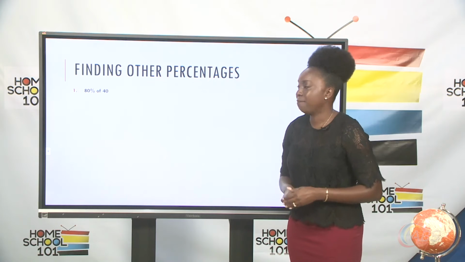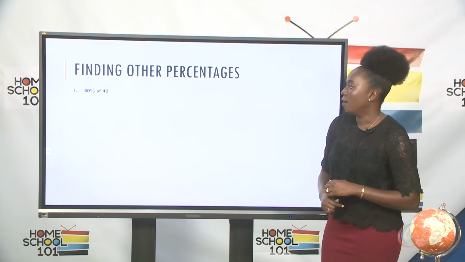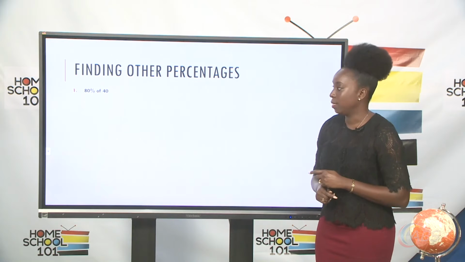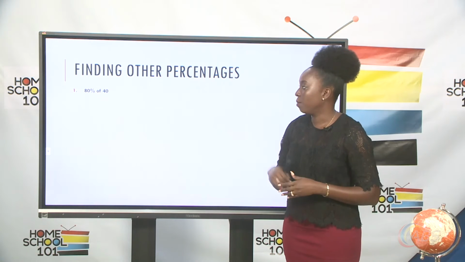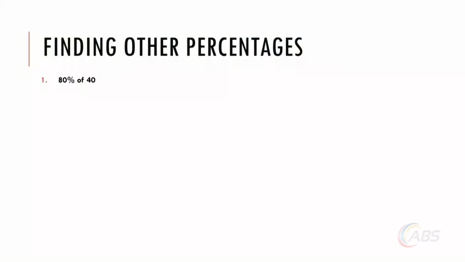So we're going to be finding other percentages of different amounts. So instead of just 10%, here we have 80% of 40. And we're going to just apply our knowledge of 10%. So let's find 10% of 40 first. And we know that 10% of 40 is just 4. Okay? Now that we have 10% of 40, let's just make a connection here.